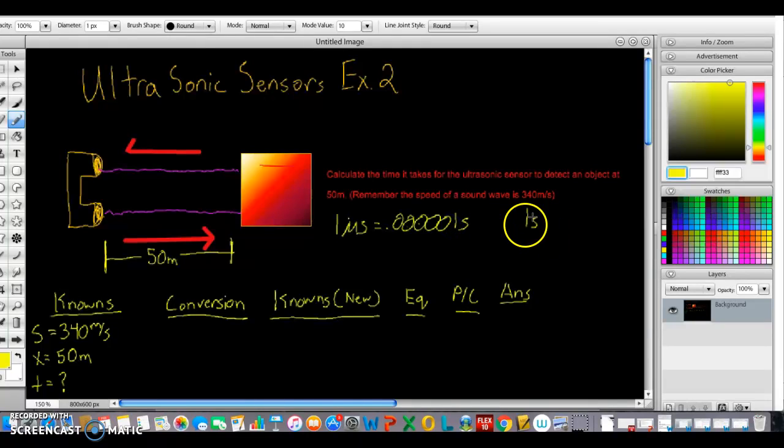So 1 second is very short, so imagine how short this is. It's a sound wave going 340 meters per second, right? So we have to do a conversion. Let's go ahead and convert this seconds to microseconds so our number can look right.